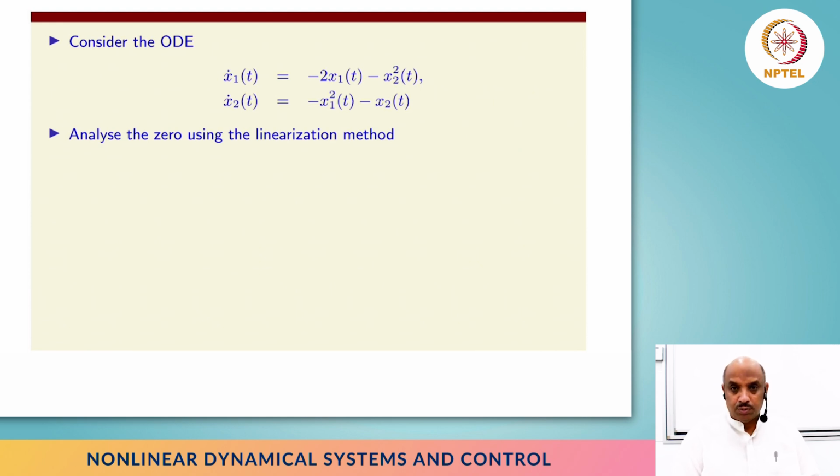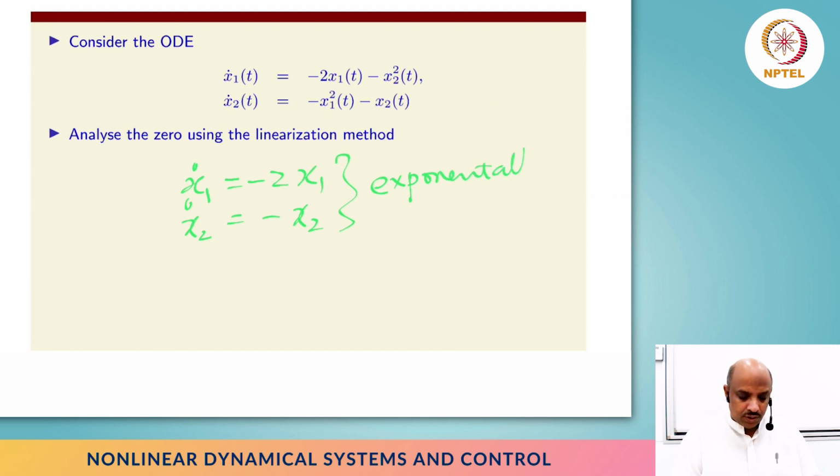So the nice thing about anything polynomial is that we can pretty much ignore the higher order terms, and then the linearization in this particular case is going to be x1 dot equals minus 2x1 and x2 dot is equal to minus x2. We know that it's an exponentially stable system, or A is Hurwitz, a stable linear system.